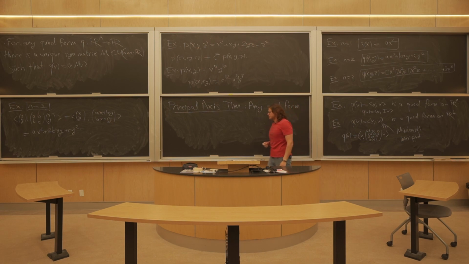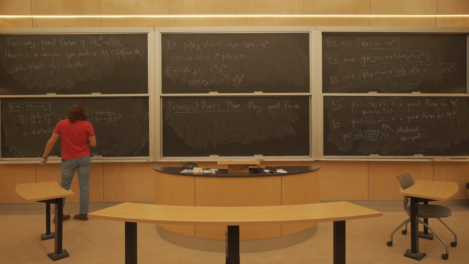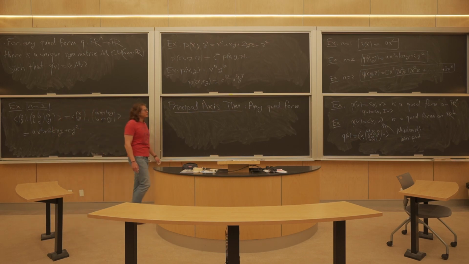Any quadratic form, let's say it this way, is given by a diagonal matrix up to an orthogonal coordinate change.